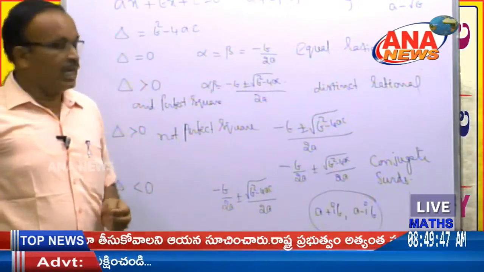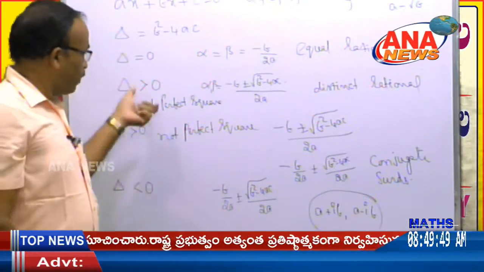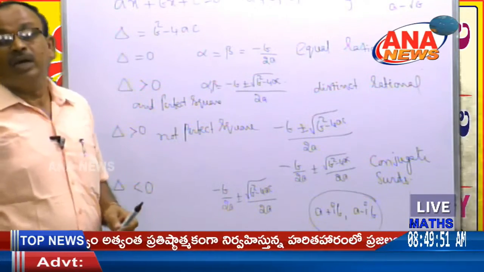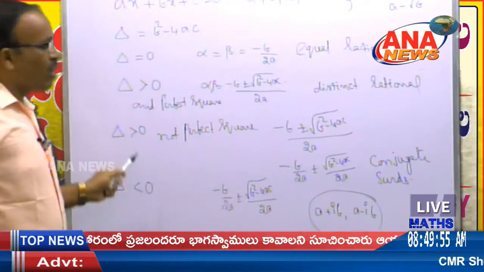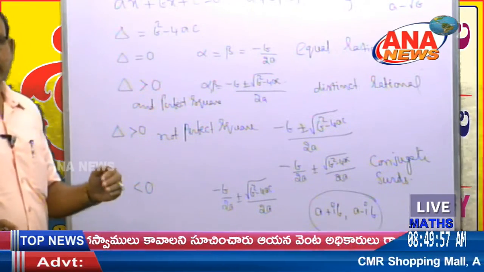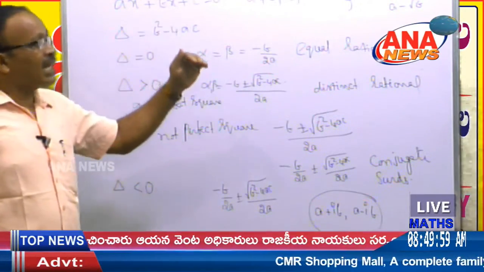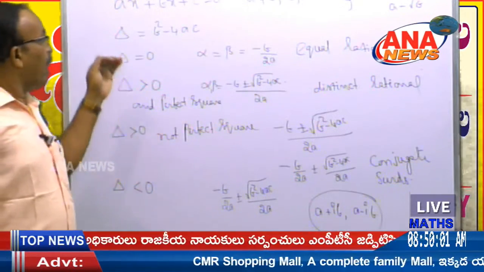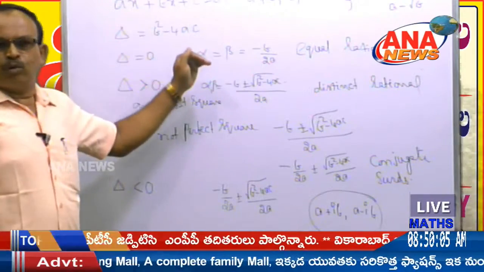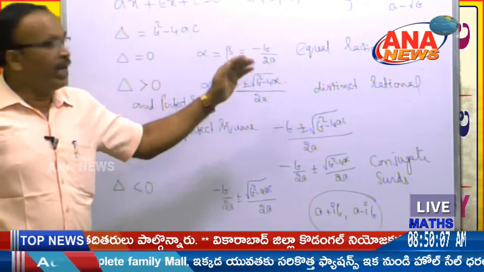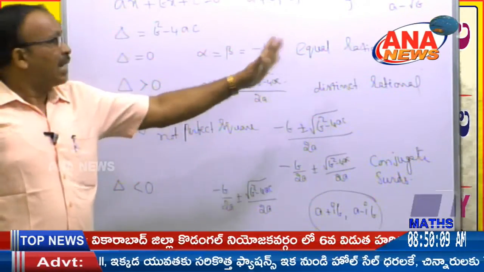Already we have seen that in the previous part, that a, b, c are real. Okay, so if a, b, c are rational, these are the cases. If a, b, c are rational, a not equal to 0 and the discriminant is equal to 0, then both roots are equal to minus b by 2a and rational.